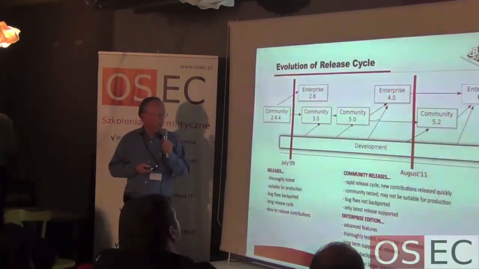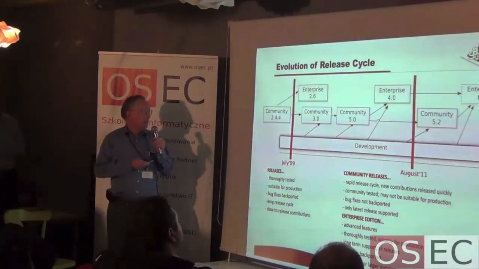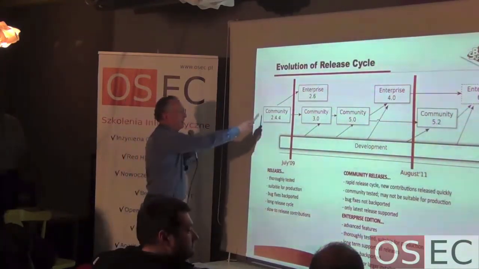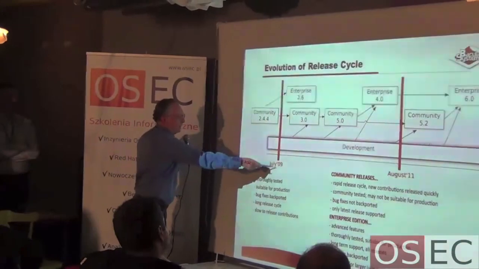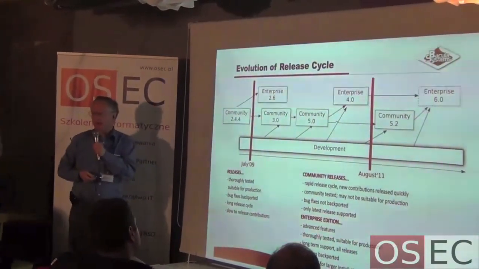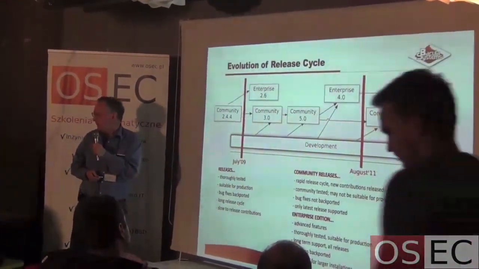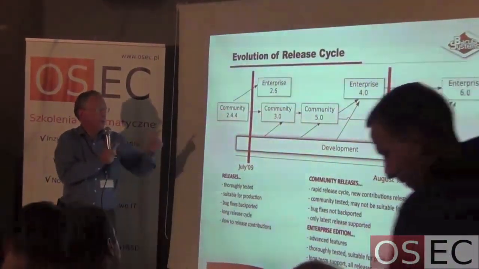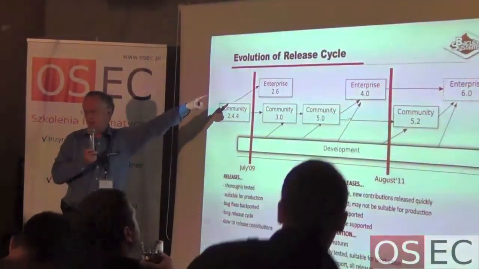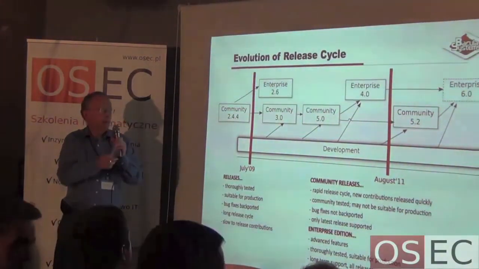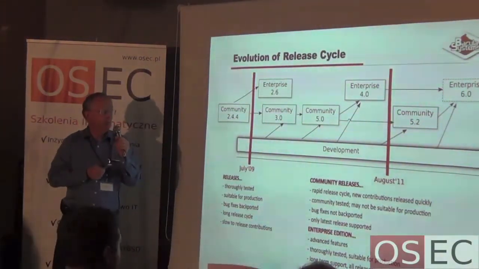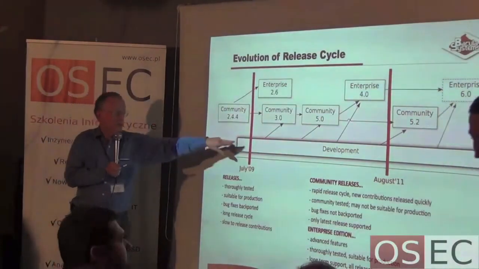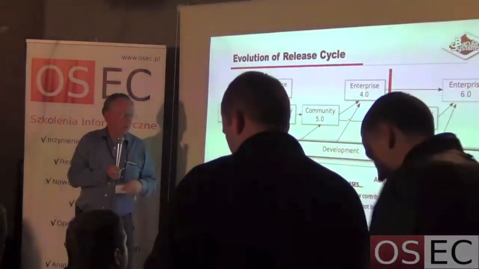Okay, so many of you probably already know this. The community version up until July 2009 was the community version, and at that time what we branched off was Bacula Enterprise 2.6, okay? And we continued the development stream down along the side.